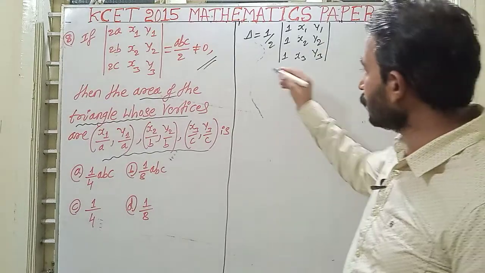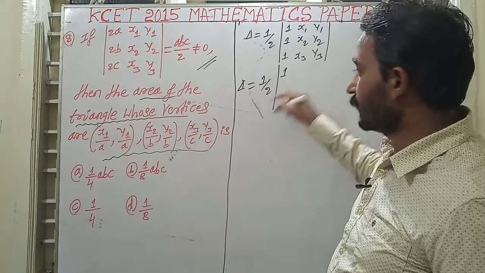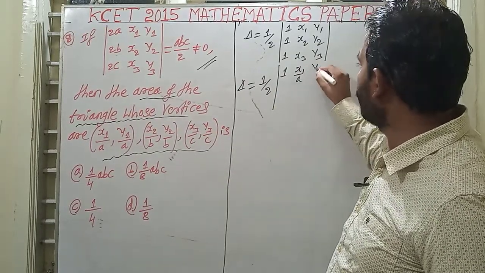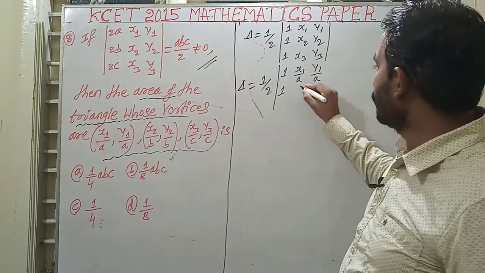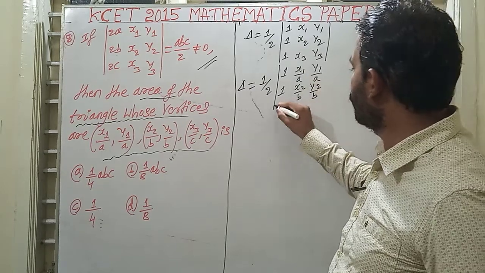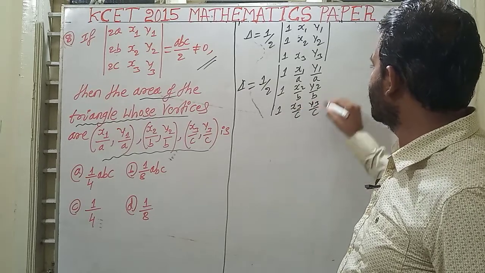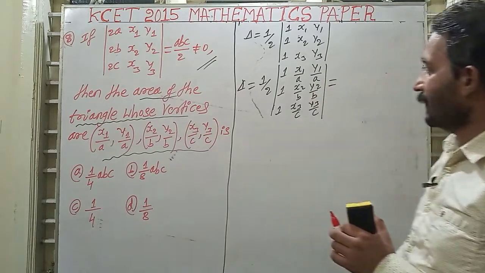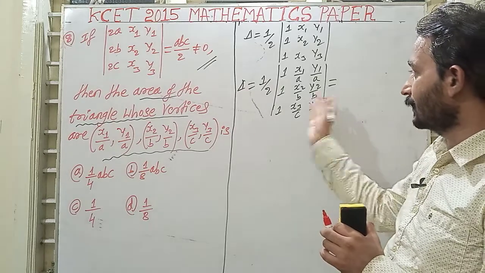Okay, so now delta is equal to 1 by 2 times the determinant with rows 1, x1 by a, y1 by a; next row 1, x2 by b, y2 by b; next 1, x3 by c, y3 by c. So now in the first row, 1 by a is the common term, take it outside. In the second row, 1 by b is common, take it outside.